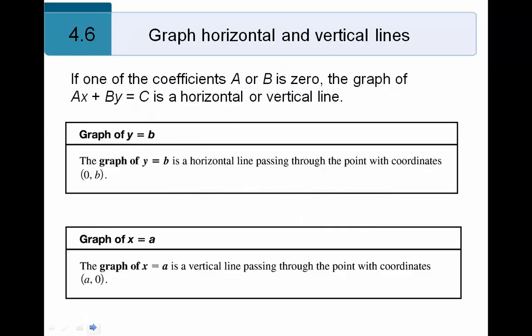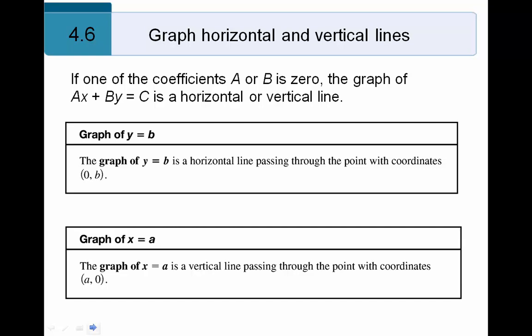All right, if one of the coefficients a or b is 0, the graph of ax plus by equals c is going to be a horizontal or a vertical line. So right now we are going to graph some horizontal and vertical lines.